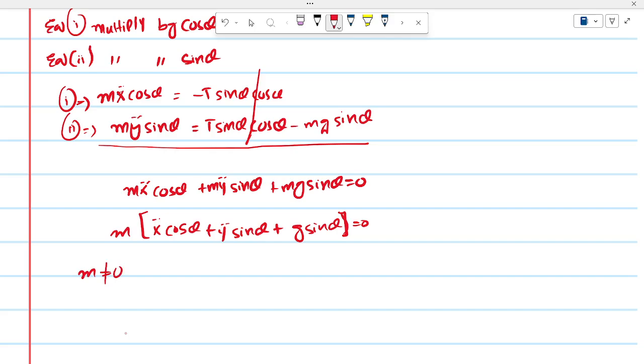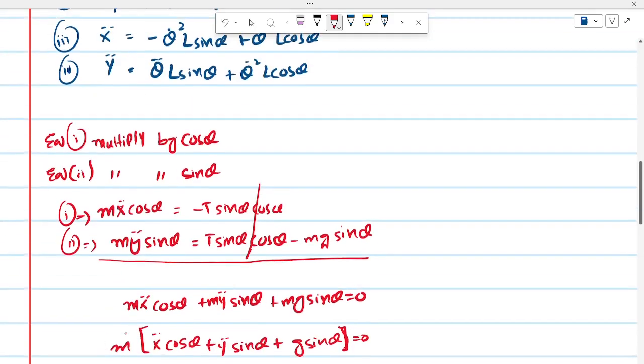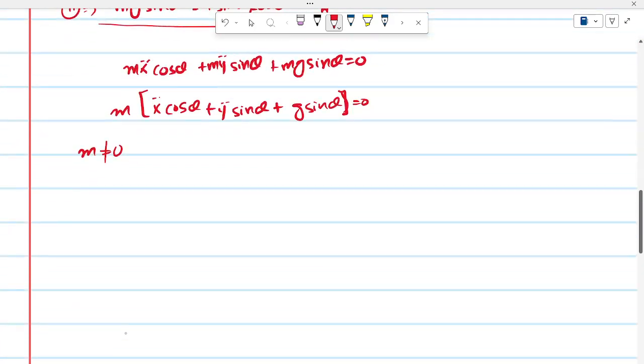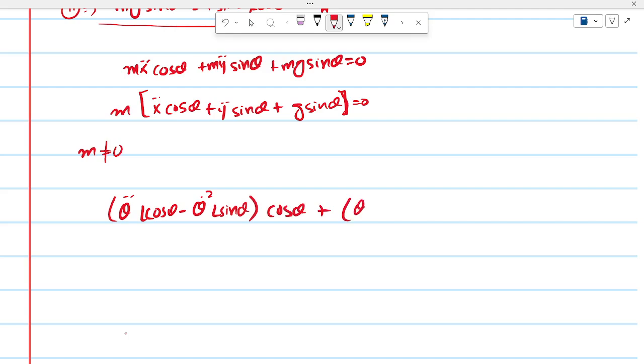We can substitute the value of x double dot and y double dot from our equations 3 and 4. You can simplify yourself, it will convert our equation to theta double dot L cos theta minus theta dot square L sine theta into cosine theta plus theta double dot L sine theta plus theta dot square L cosine theta plus g sine theta equal to 0, and you can simplify all of that together.